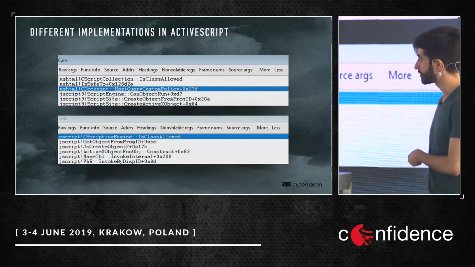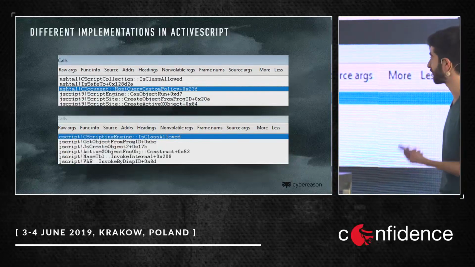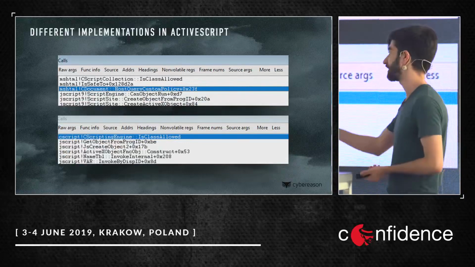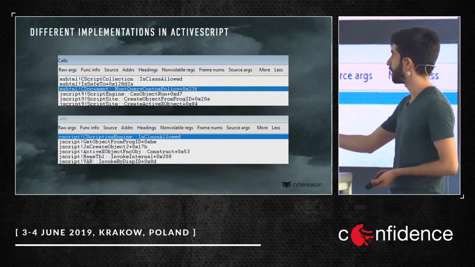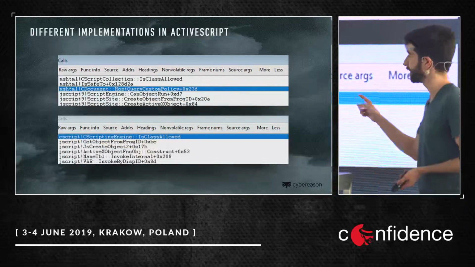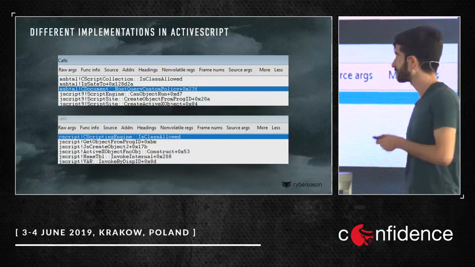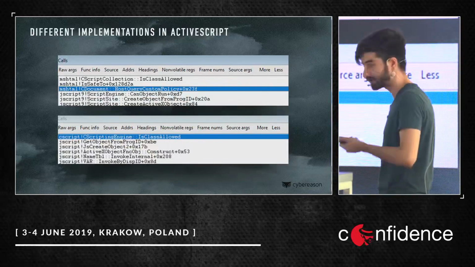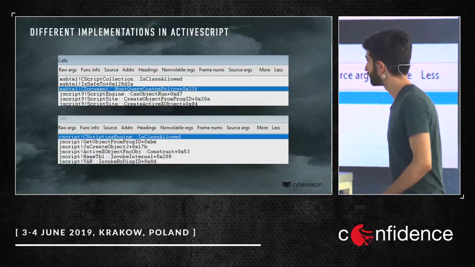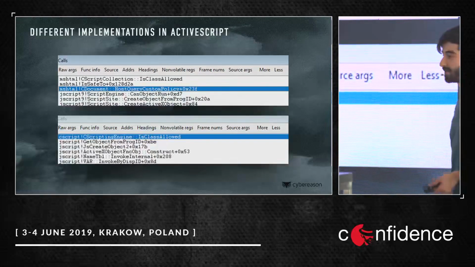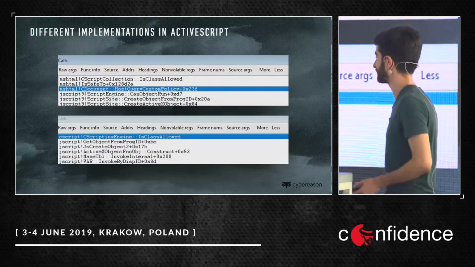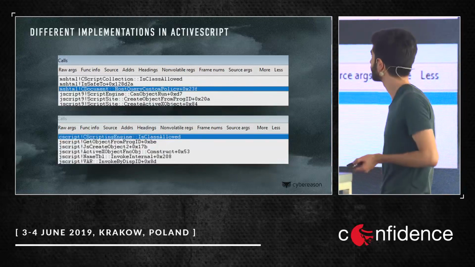On the bottom image, you can see something a bit different. We have JS create object in javascript.dll. We have get object from prog ID, and is class allowed is called directly. Now, both of these work, but this small difference is, as I said, the basis for the vulnerability.